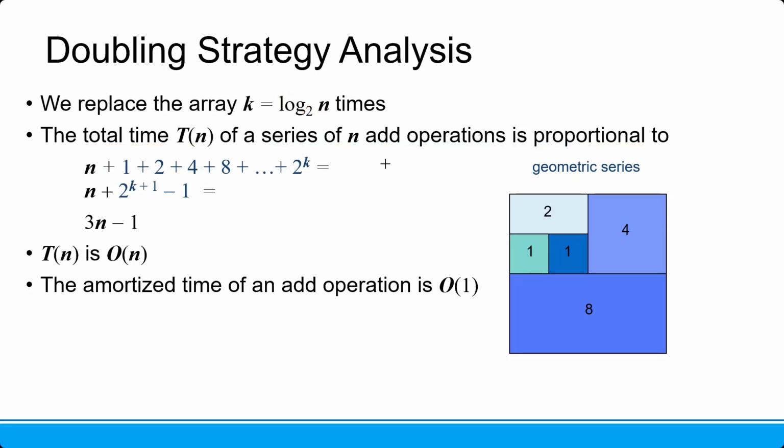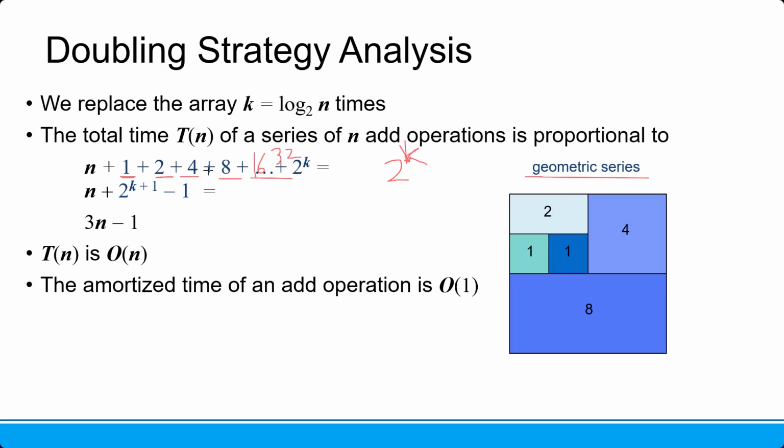This geometric series means we have 2 to the power of k in this case. If k equals 0, it is 1. K equals 1 is 2. K equals 2 is 4. K equals 3 is 8. K equals 4, 16. K equals 5, 32, and so on. So we have 2 to the power of k. This is the geometric series. We expand the array two times bigger and bigger.